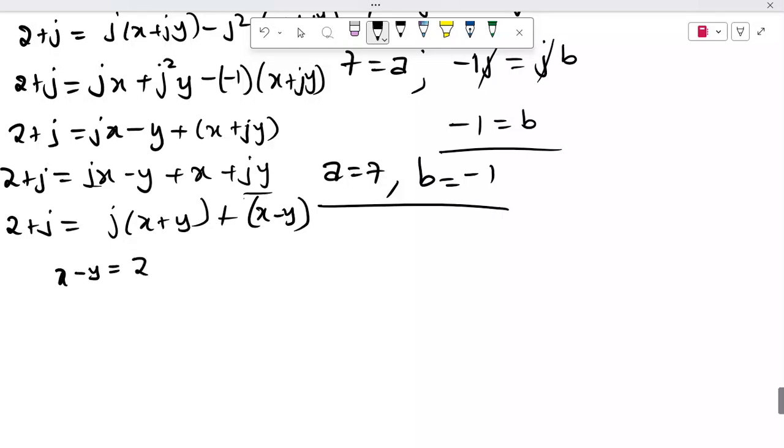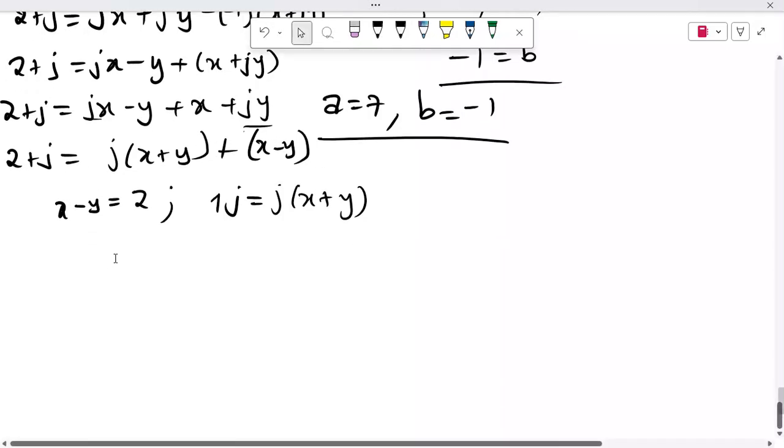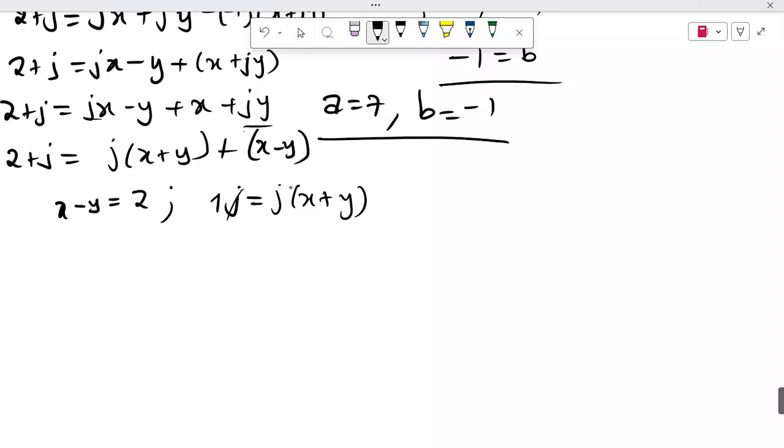So we have the real equation: x minus y equals 2. For the imaginary part, 1j equals j(x plus y). Those with j's you equate with each other, and those without j, the real part. So you can cancel the j: x minus y equals 2, and x plus y equals 1.